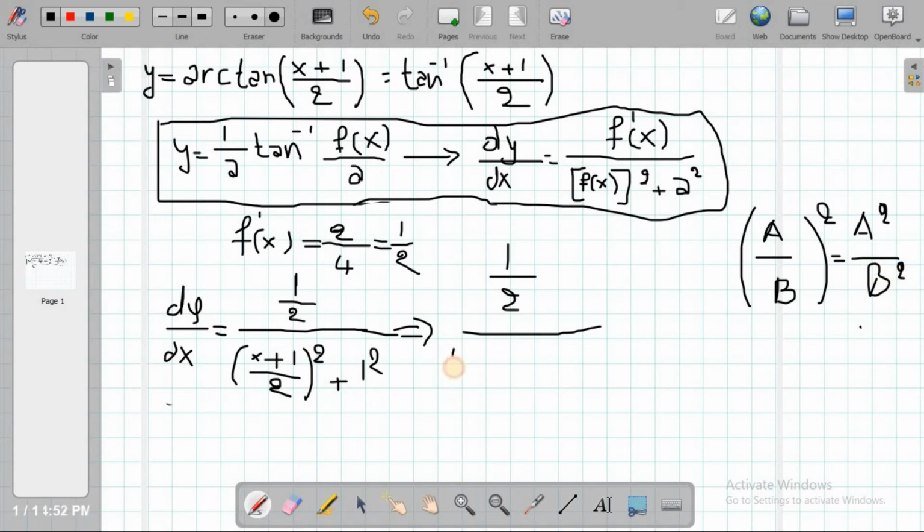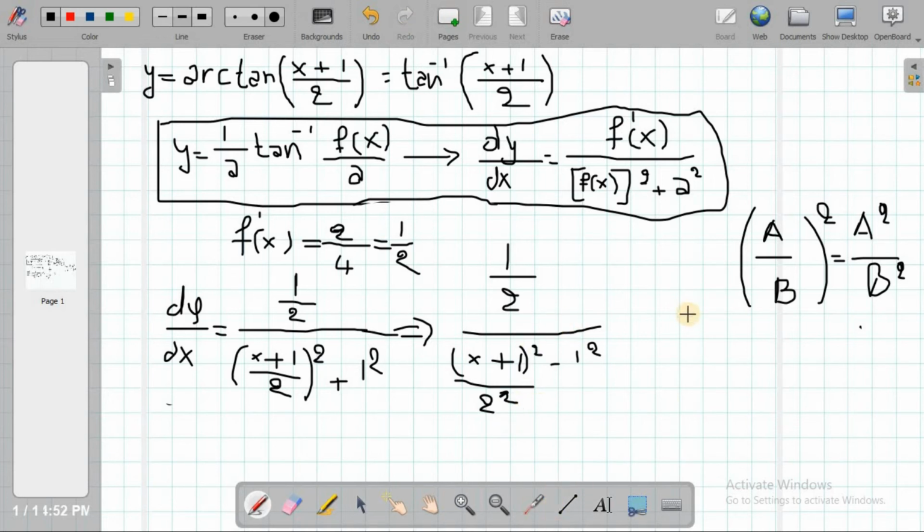So now here we can say (x plus 1) everything squared, plus 1, over 2 squared, which is going to be 4. Let me write 2 squared.